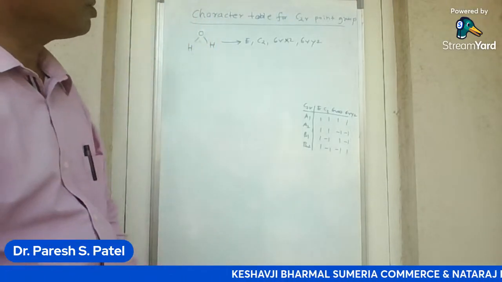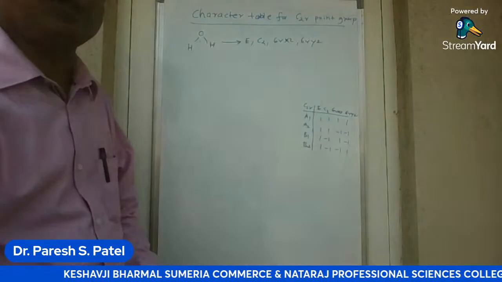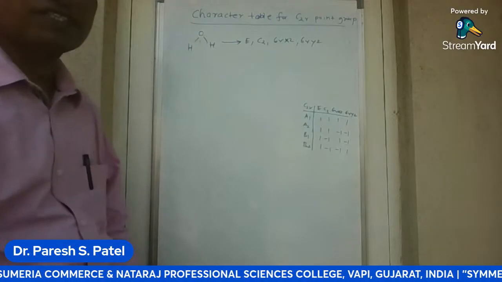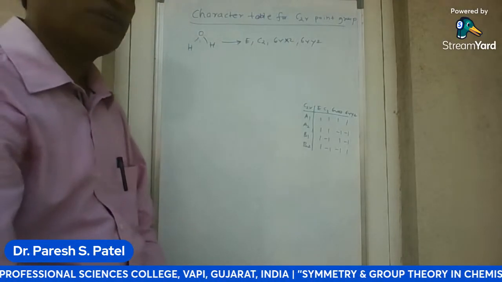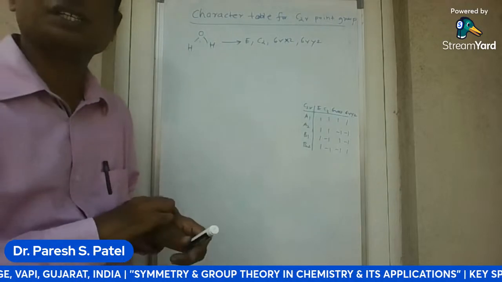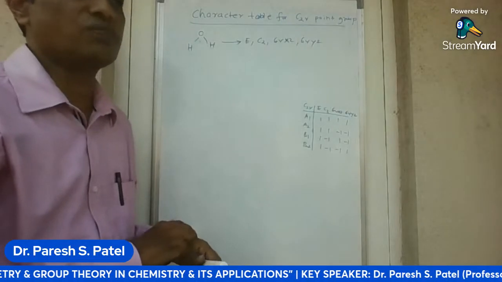Let us consider the water molecule. It belongs to the C2V point group. It consists of E, C2, sigma VXZ and sigma VYZ symmetry elements. Okay. So what will be the first characteristic of irreducible representations?